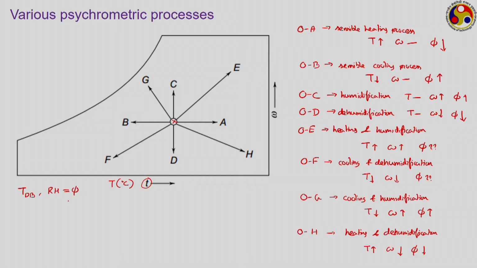Truly speaking, if you know the dry bulb temperature and relative humidity, how can you calculate the specific humidity omega from this?